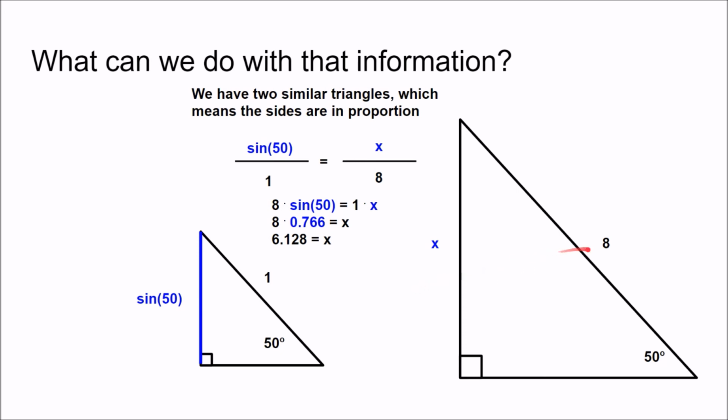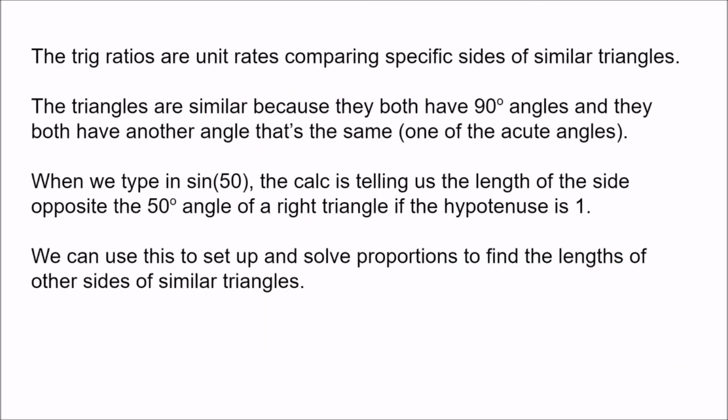So when we are typing in these trig ratios into the calculator, it's giving us a unit rate, and we use that unit rate to set up and solve proportions. So the trig ratios are unit rates comparing specific sides of similar triangles. The triangles are similar because they both have 90-degree angles, and they both have another angle that's the same, one of the acute angles.